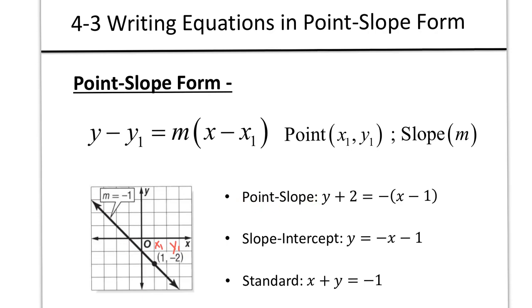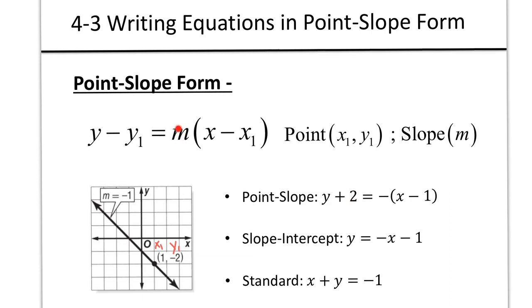So I have y plus 2 equals negative 1 times the quantity of x minus 1. So let's pay attention and understand where the numbers come from. Notice that in the form, we have y minus y1. But when you look at y1, it's negative. So if you have a minus and you substitute, you're going to multiply by a negative number. Negative times negative is going to become positive. So there's your y plus 2.